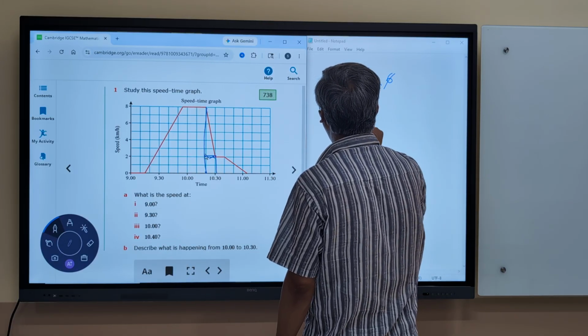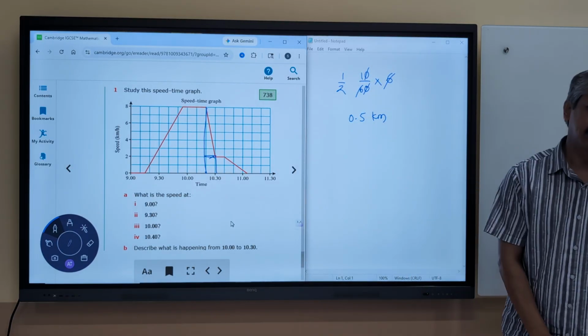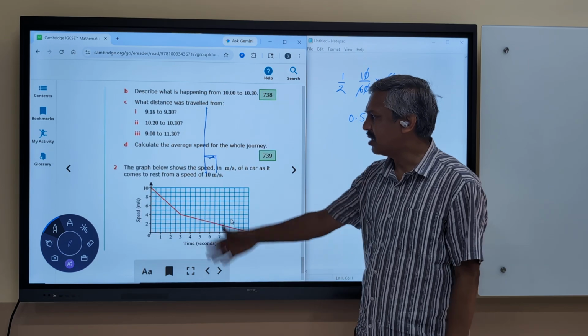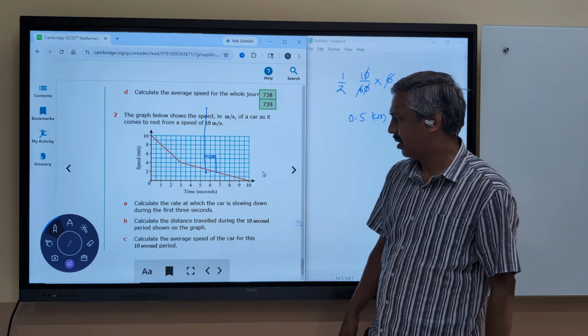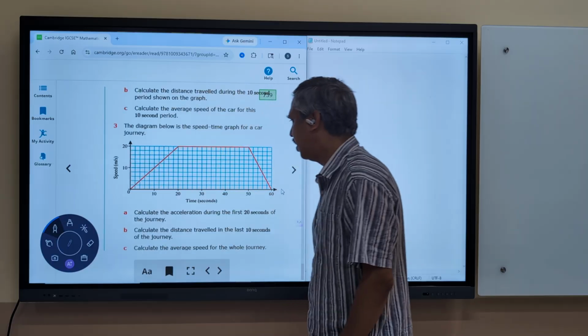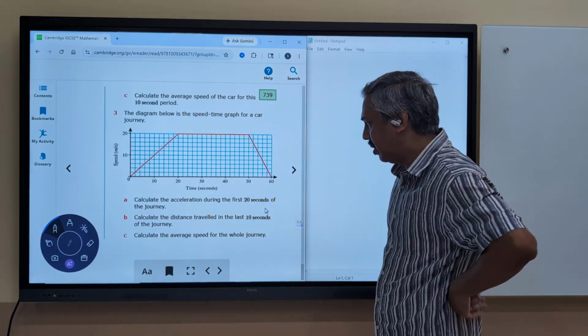That is equal to 0.5 kilometer is the distance. So that is how you can calculate the distance as well. The same you can do for further. Let's see if there is any other kind of numerical here. Same, and I leave it to the students to solve.